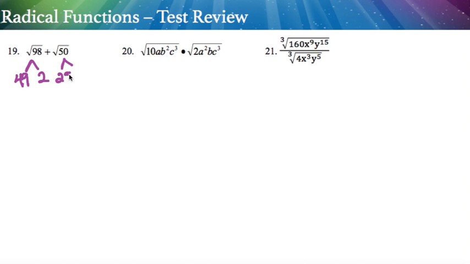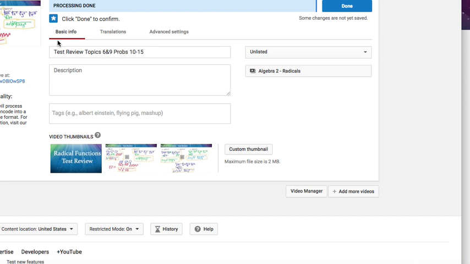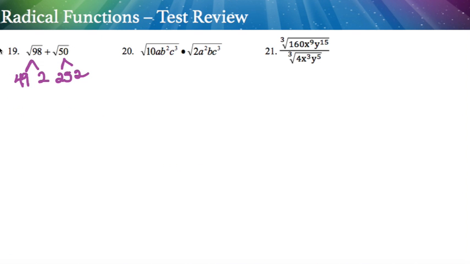Okay, so you might say, well, I knew 50, but I didn't know that 98 had a 49 in it. Well, if you start dividing 98 by like 2 and 4 and things, you'll find it, okay?